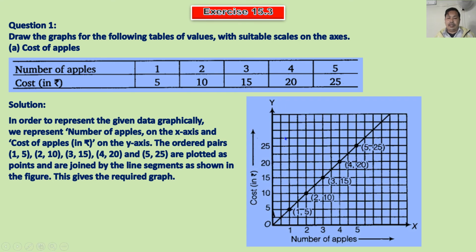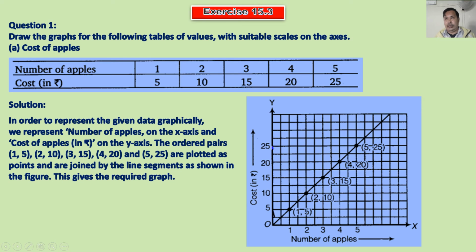In this graph you can see the y-axis and x-axis, and on the x-axis we take up to 5 units, because the highest value of x is 5, isn't it? And in the price column the highest is 25, so we take units up to 25.